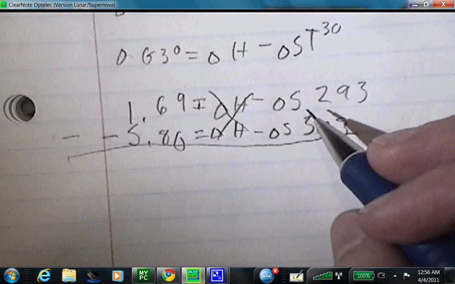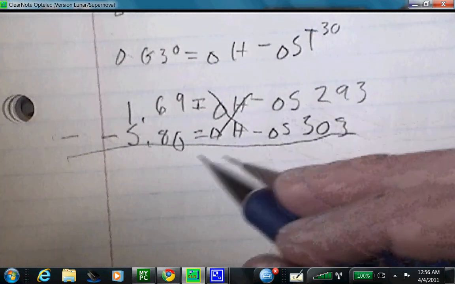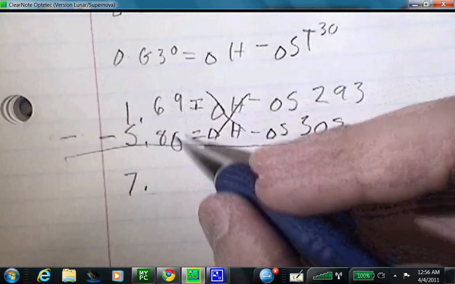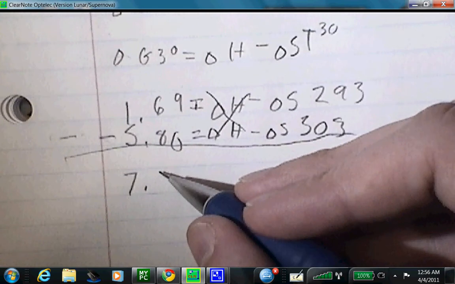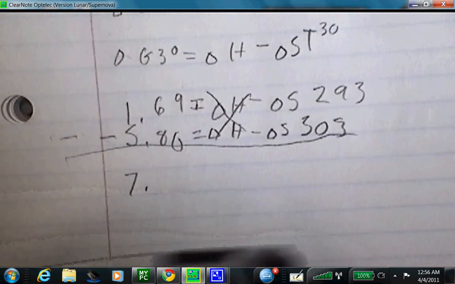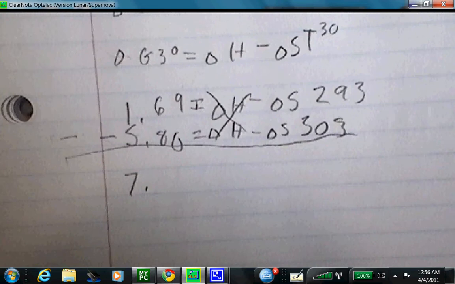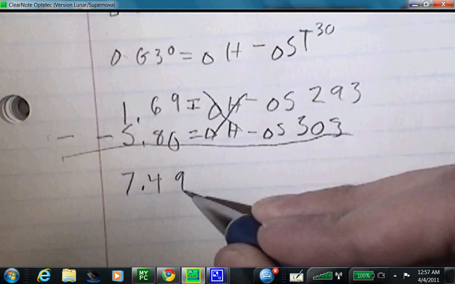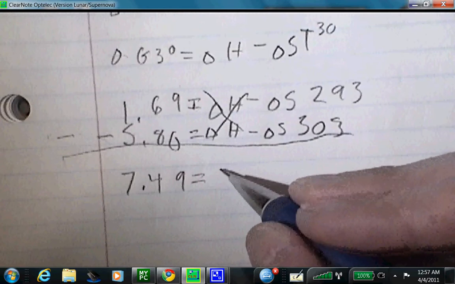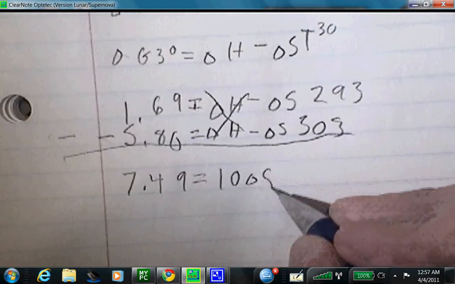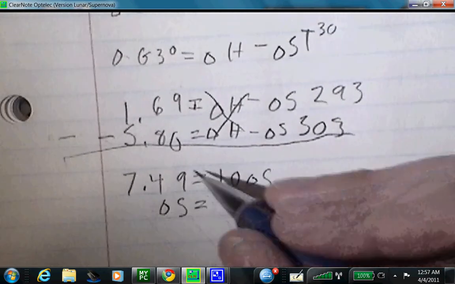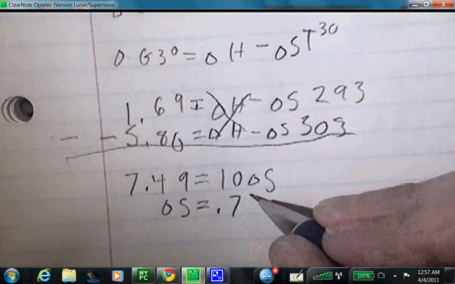So this becomes positive, this becomes positive, and we're left with 7.49, and that's going to be 10 delta S. This is easily solved by dividing by 10. So we get delta S equals negative 4.9.